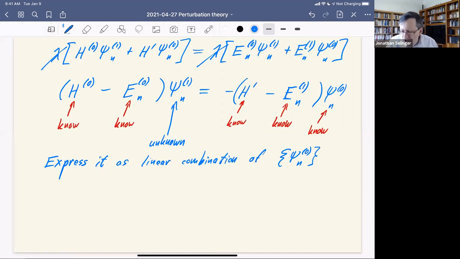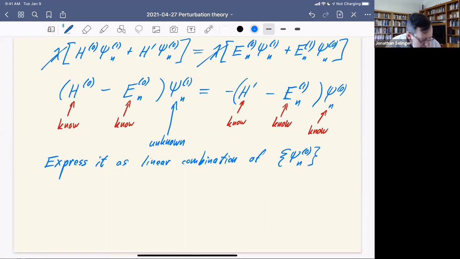It's the same way that if you have an unknown vector in 3 dimensions, you can express it as something times x hat plus something times y hat plus something times z hat. Any old vector can be written that way in 3 dimensions. So here's the same thing, but for quantum mechanical states, which are vectors in Hilbert space.